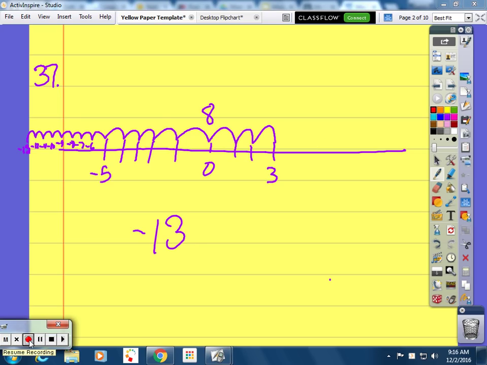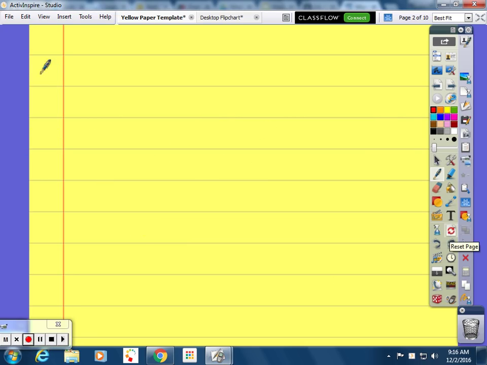Moving on to number 38. Which statements are true? It says mark all that apply. The distance between -7 and 9 on a number line is 16.